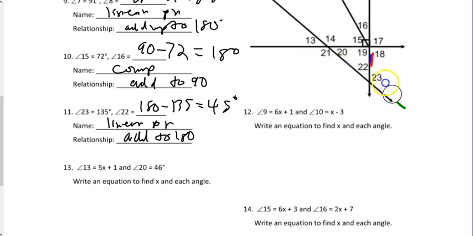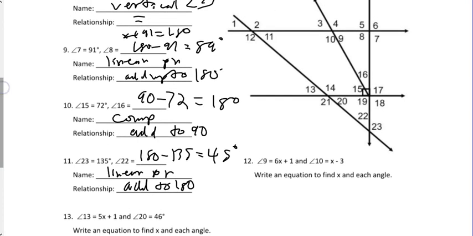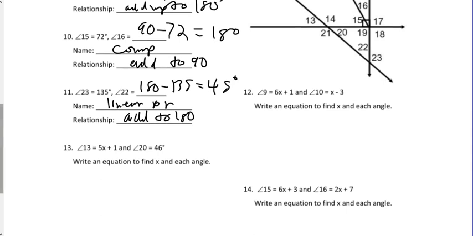Right, number 13. I'm sorry, let's go to number 12, then we'll do 13. Number 12, angle 9. Where's that? Well, we're going to come up a little bit. Angle 9 is right here. Angle 10 is right here. What do they form? A straight line. So they are supplementary. They are a linear pair. So part plus part equals whole.